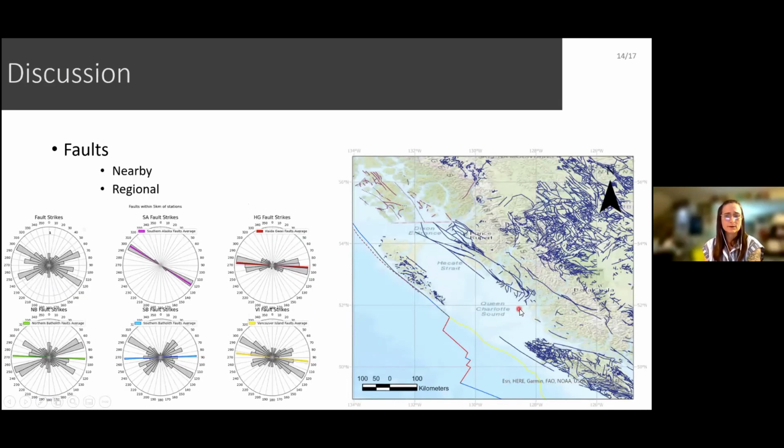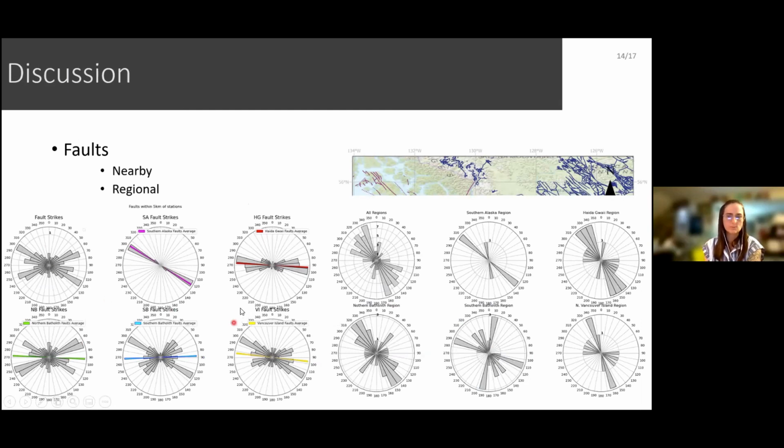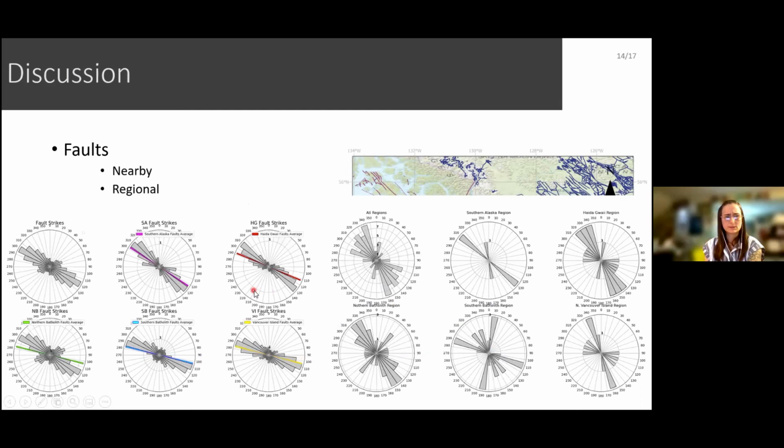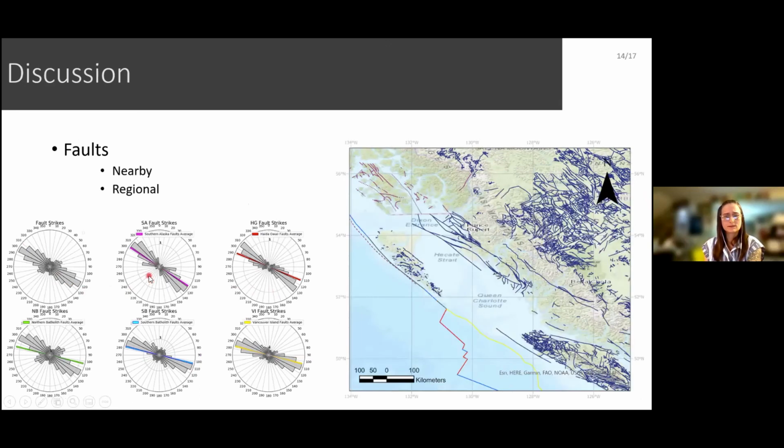We also compared the results to faults within 5 kilometers of our stations, but we found that they didn't really line up well with our results. However, when we looked at a more regional scale, they were much more northwest oriented. And this leads back to the history of the region.